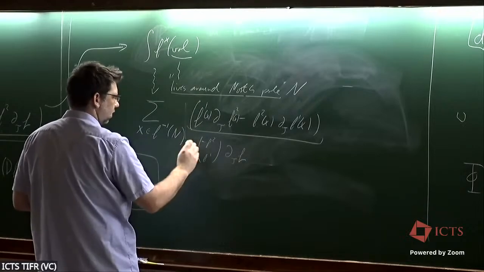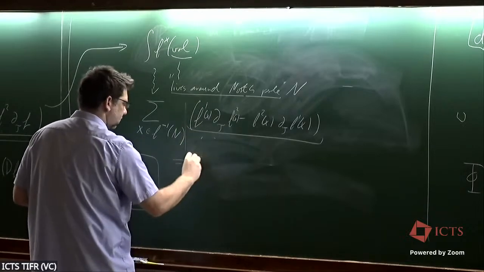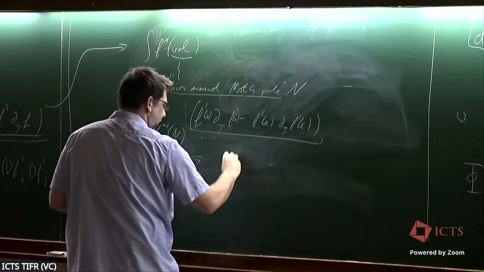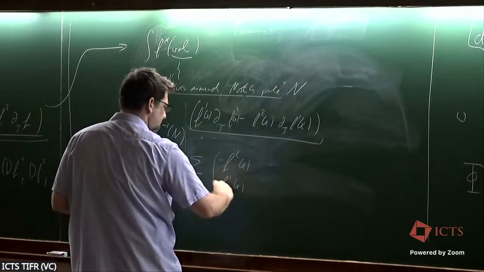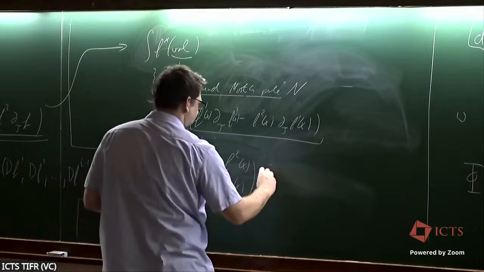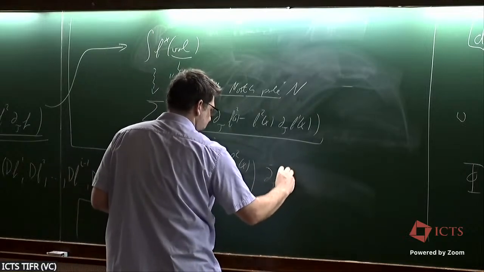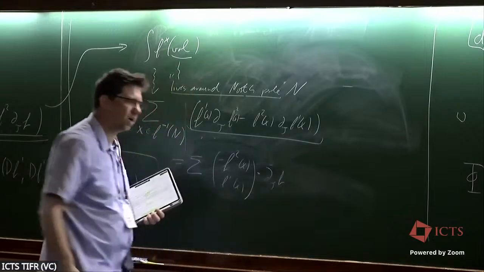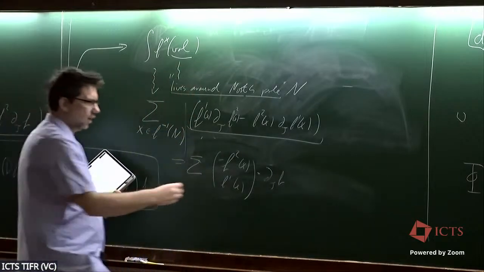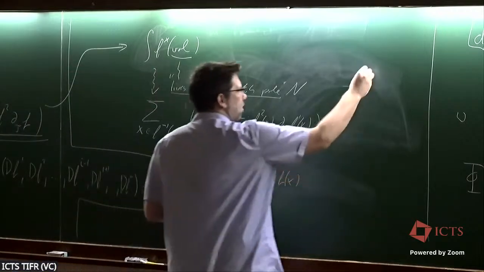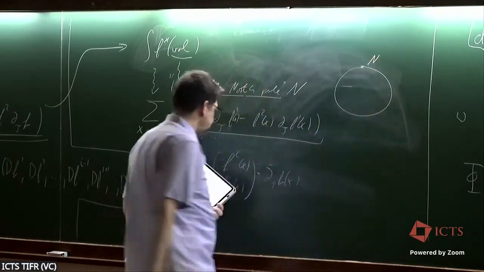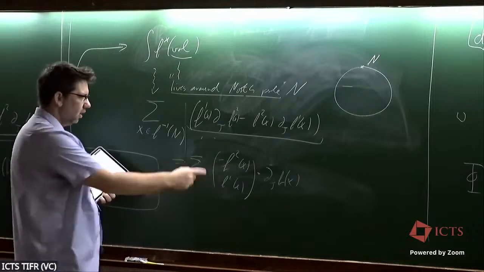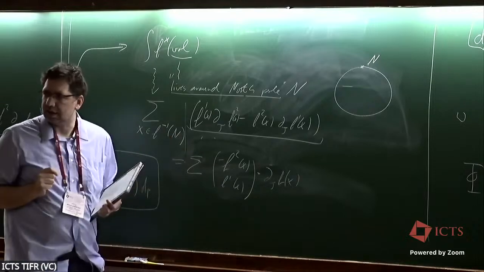Sorry, I write this here again. This is the sum, and then we have minus f2, f1, and this is a scalar product with the curve that's winding around at this North Pole, where x maps into n.